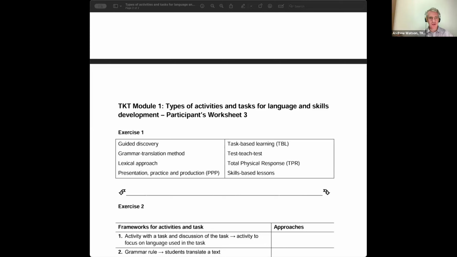How about, has anyone ever used the total physical response in their lessons?